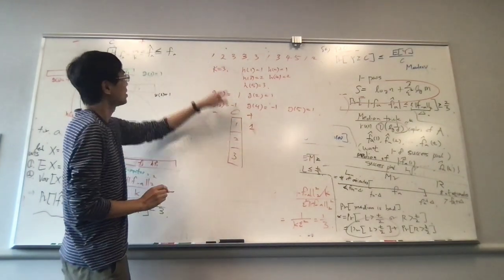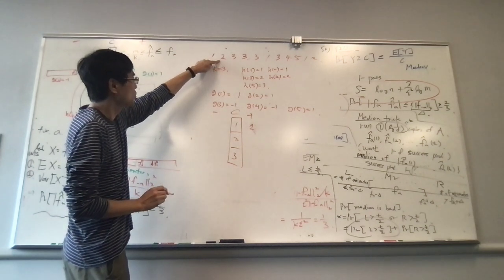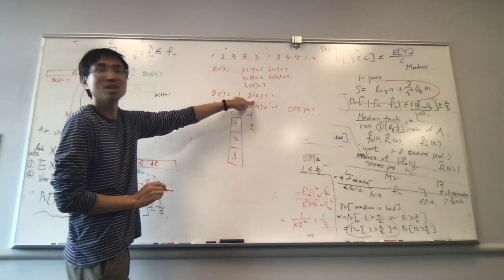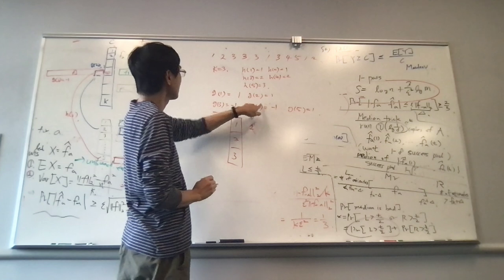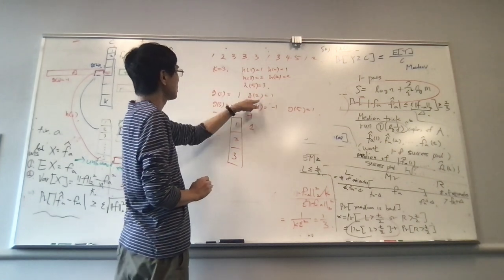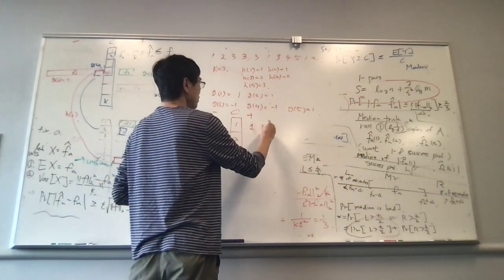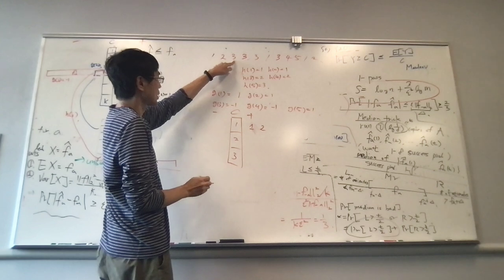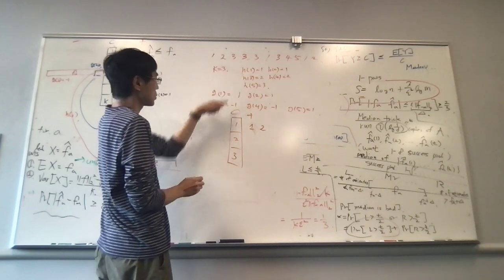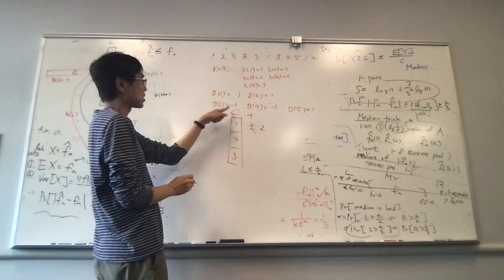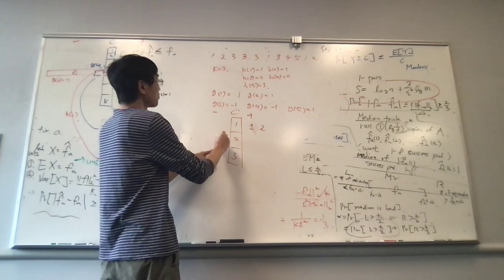Then I see 2. 2 also goes to the same slot, with the same sign. 3 goes to the second slot, but the sign is minus 1, so I put 3 here.